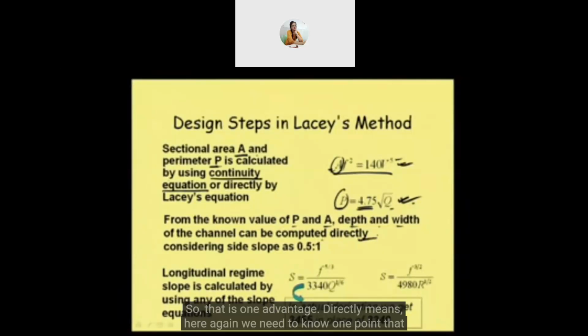So that is one advantage. Directly means here again we need to know one point, that we are calculating it considering side slope as 0.5:1, which is generally taken from the concept of Regime channel, and that was suggested. So by taking this as 0.5:1, we can calculate our dimension of the channel.